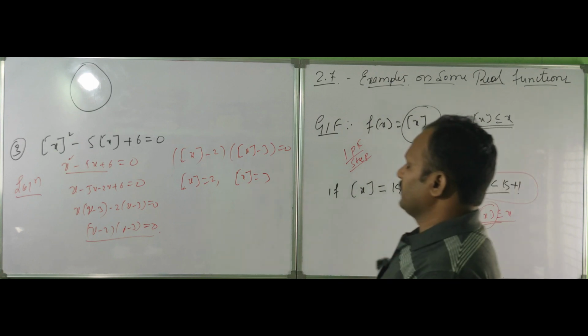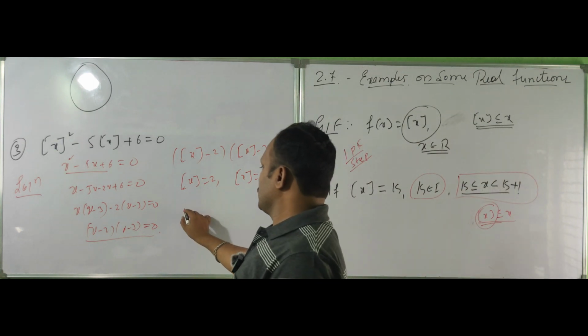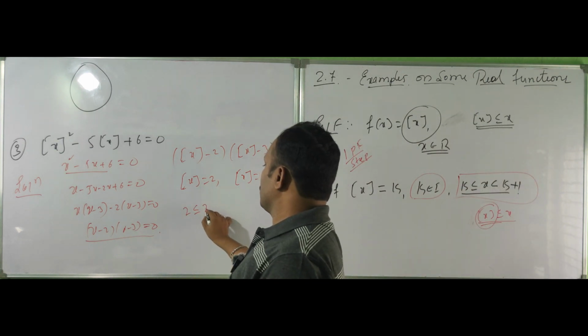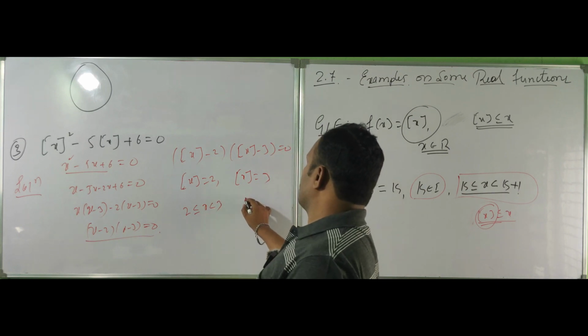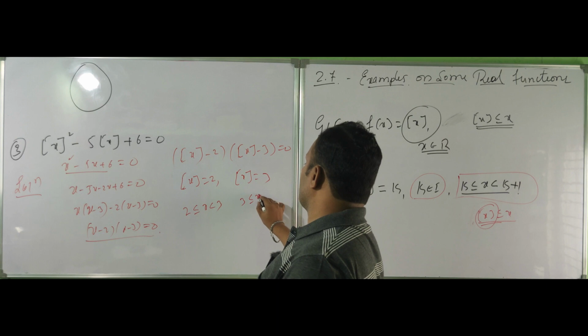What is the formula again? This is 2 is less than or equal to x less than 3. For this, 3 is less than or equal to x less than 4.